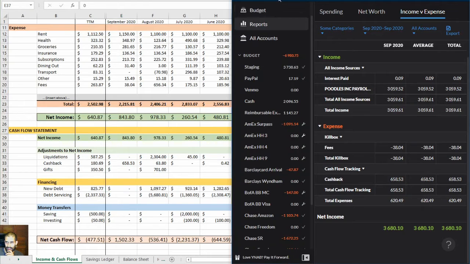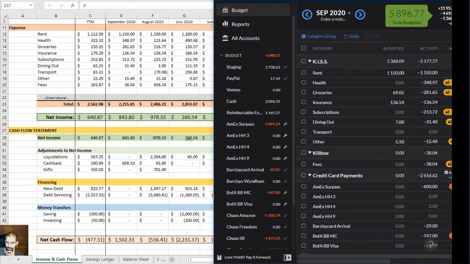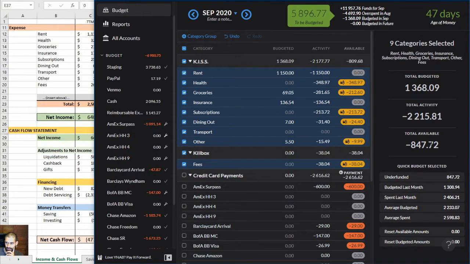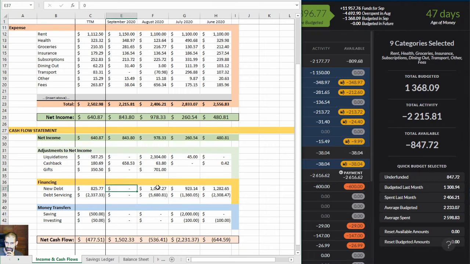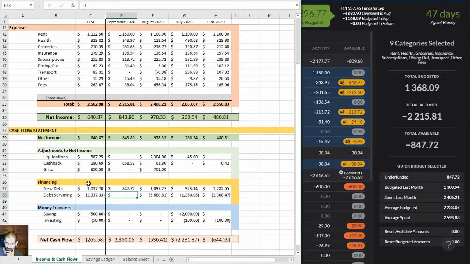Okay, financing. We have the new debt that I acquired, which is the sum of the total available here. So total available is $847.72. And then we have debt servicing, which was $2,616.62.